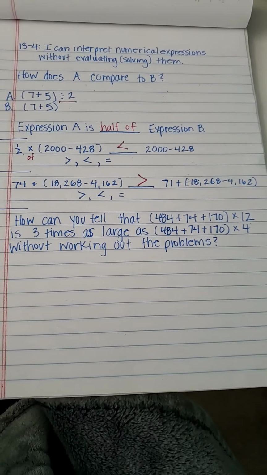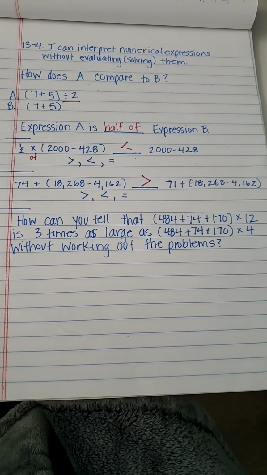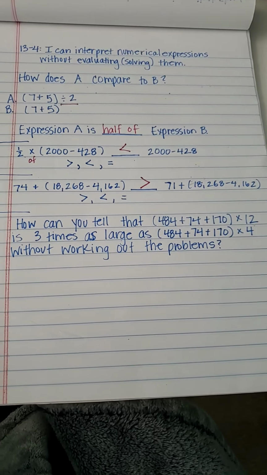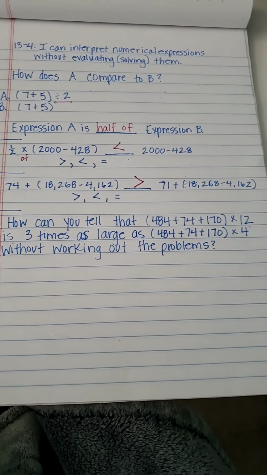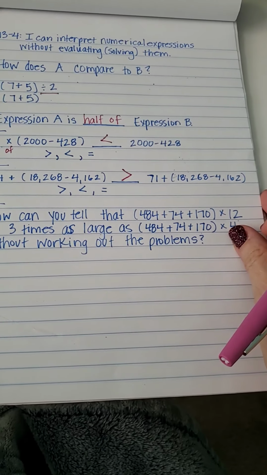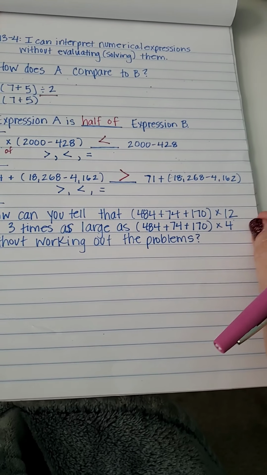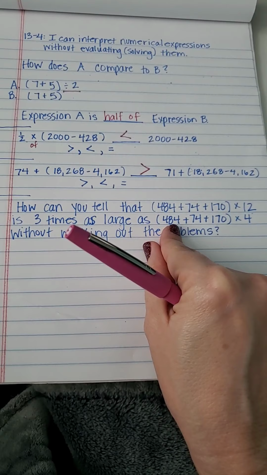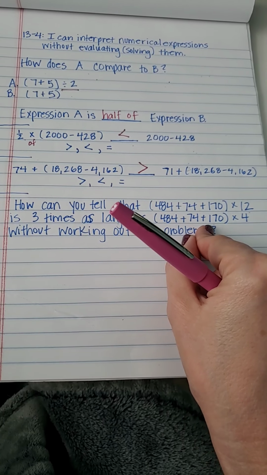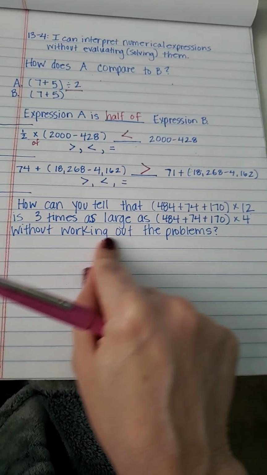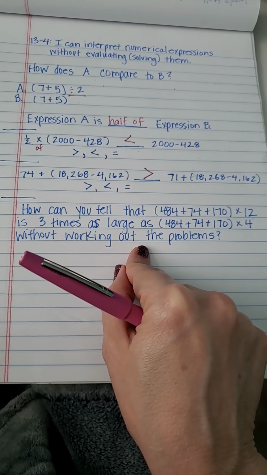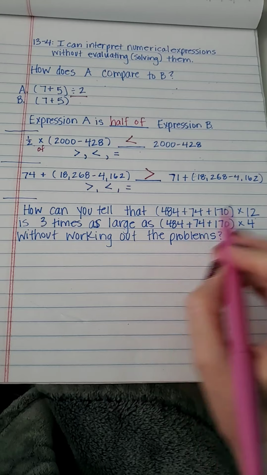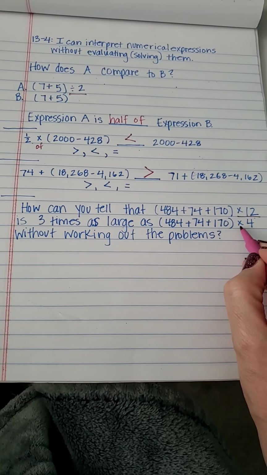Okay, now here is a question, which on the practice buddy you'll have some drop-down boxes to kind of explain, but let's look at this. How can you tell that 484 plus 74 plus 170 times 12 is 3 times as large as 484 plus 74 plus 170 times 4 without working out the problem? Well, again, these two parts of the equations are the same. Here's what's different.